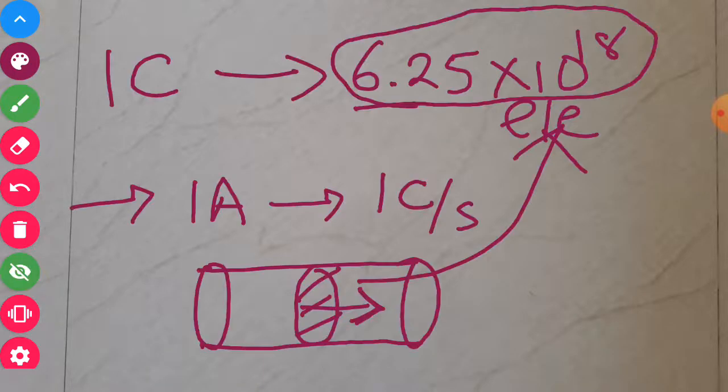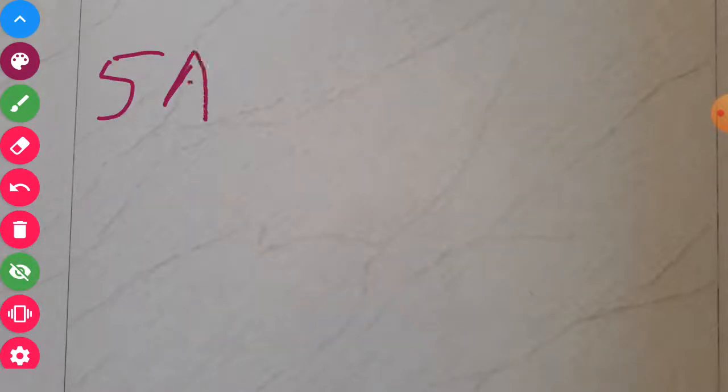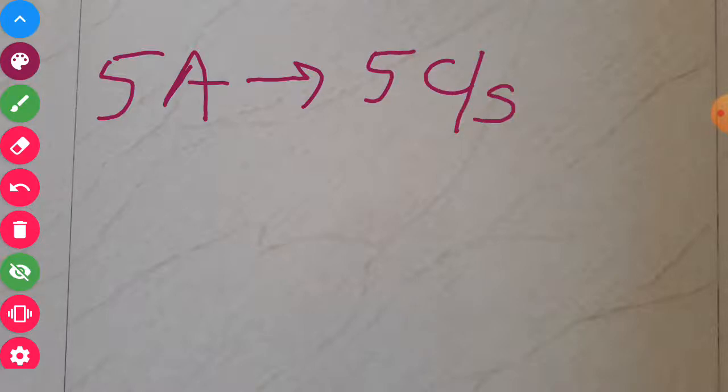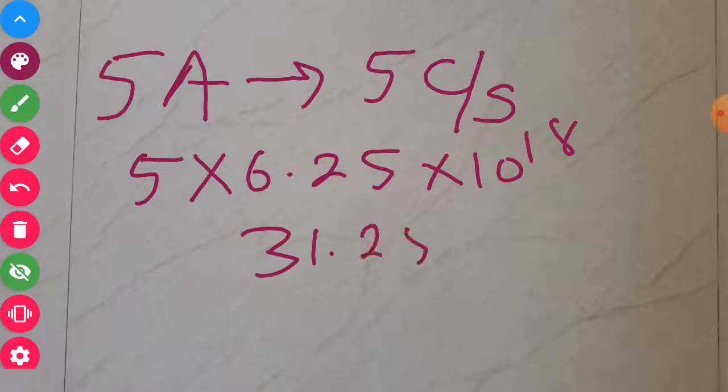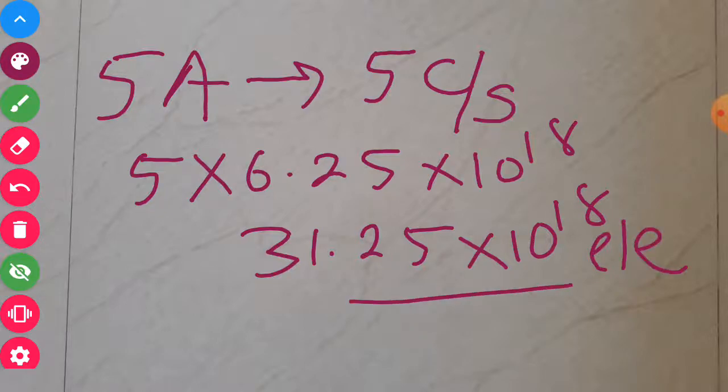Okay. Now if you have 5 ampere current, 5 ampere means 5 coulomb per second. It means 5 into 6.25 into 10 to the power 18 electrons, that is 31.25 into 10 to the power 18 electrons will be flowing if 5 ampere current is flowing.